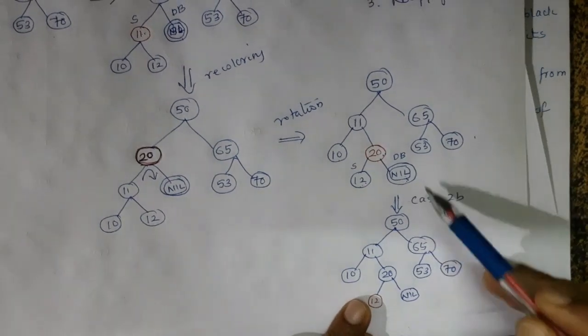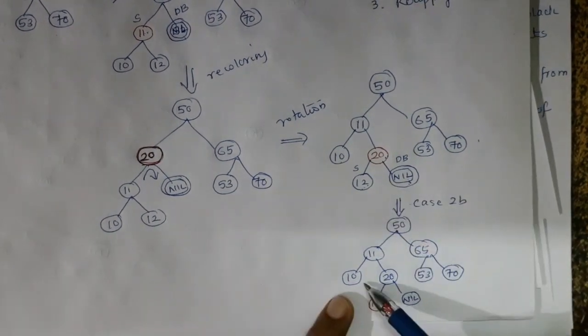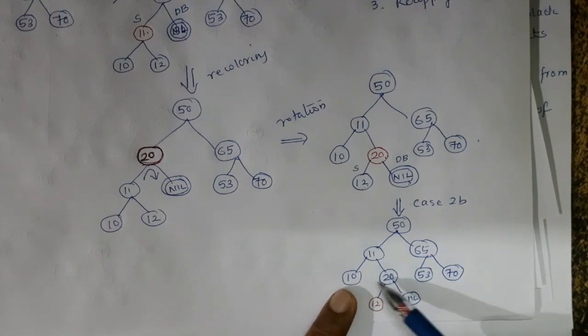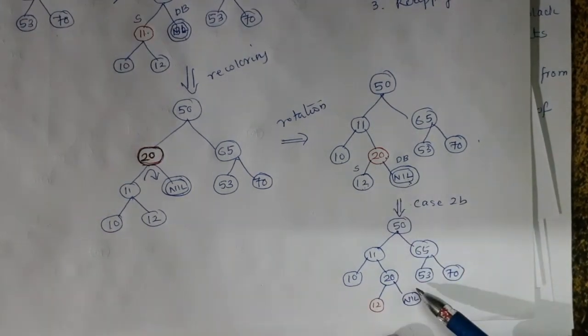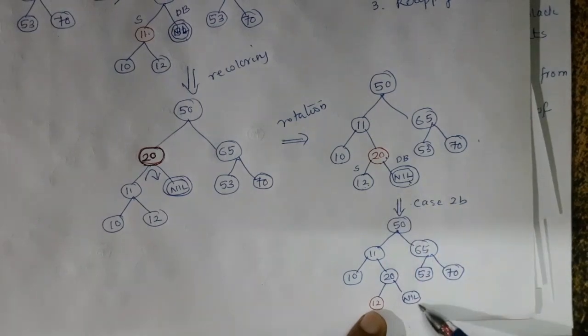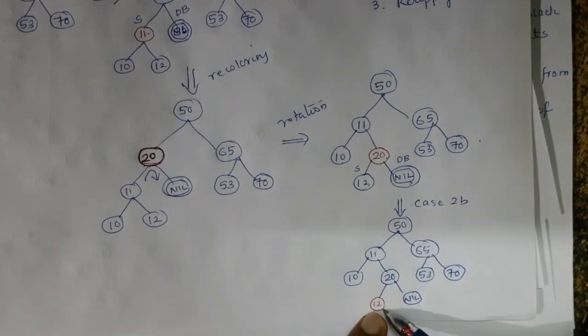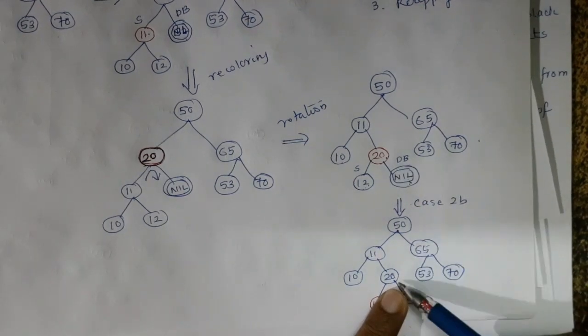That is, this is the double black node, its sibling S is black and both its children are black. So in case 2b, we remove one black from DB and S. So here DB becomes single black and S becomes red. Then add black to the parent. So here parent is red, so it becomes black.